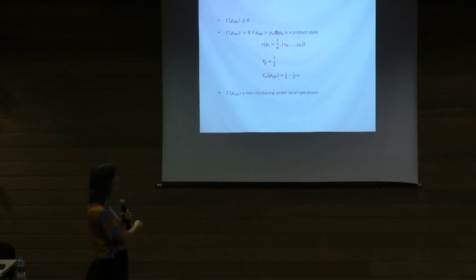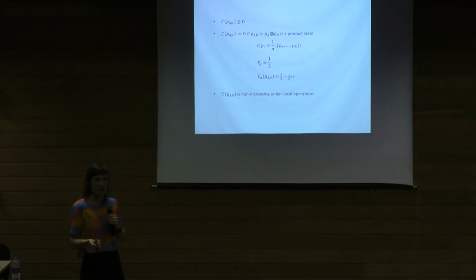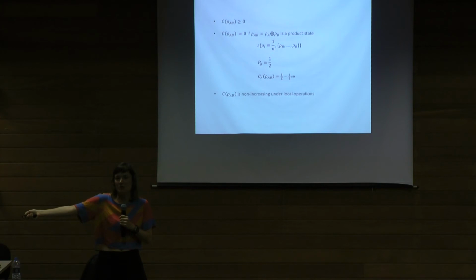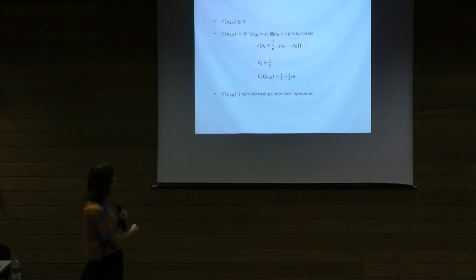I'm always preparing the same state on part B, because it's a product state. There isn't any correlation with part A, so what is happening in A doesn't matter for B.